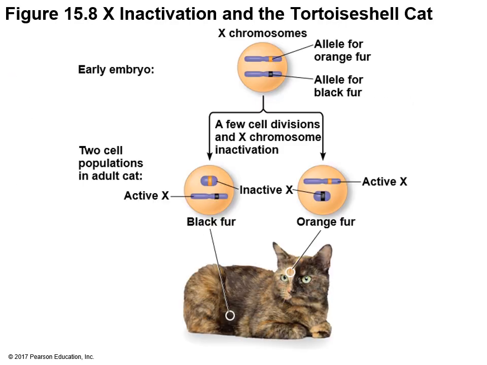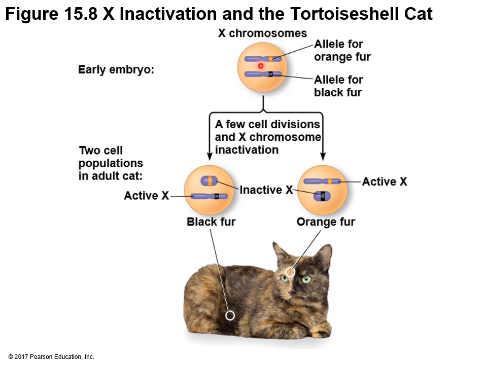Here's an example of X inactivation in cats. This is a tortoiseshell cat that expresses both black fur and orange fur. And this is due to X inactivation early on in the development of the embryo. So before, the X chromosomes are all active.